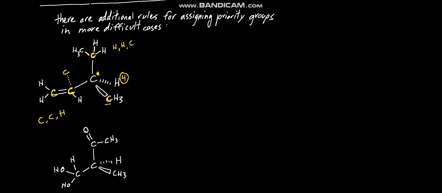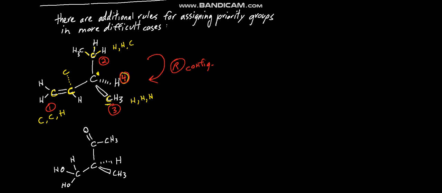What's attached to this carbon? H, H, H. So our priority groups for this are 1, 4, 2, 3. And then as we're looking at it, it's 1 to 2 to 3 with 4 pointing away from us, clockwise. That is the R configuration.